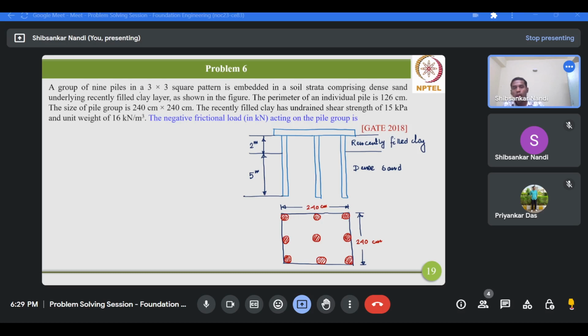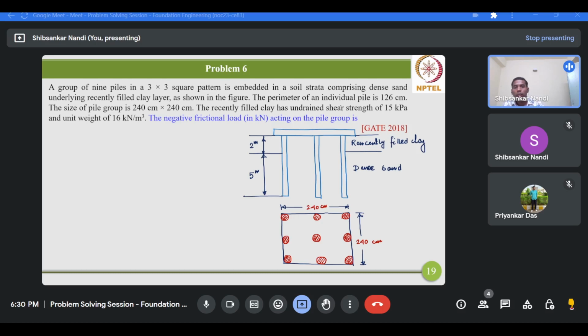So this example is taken from the GATE examination 2018. In this problem, a group of 9 piles in a 3x3 square pattern is embedded in a soil strata comprising dense sand underlying recently filled clay layer, as shown in the figure.